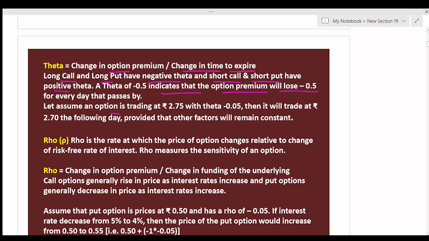Let us assume an option is trading at rupees 2.75 with theta minus 0.05, then it will trade at rupees 2.70 the following day, provided the other factors remain constant.